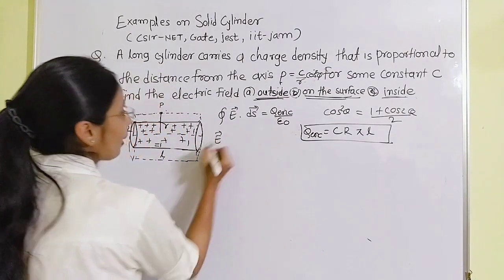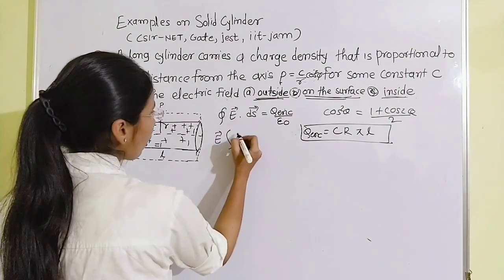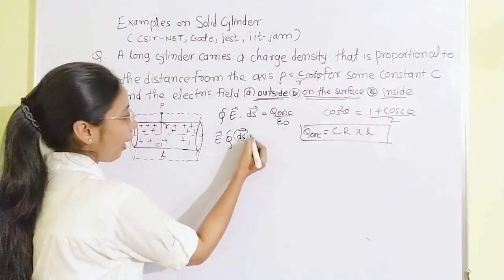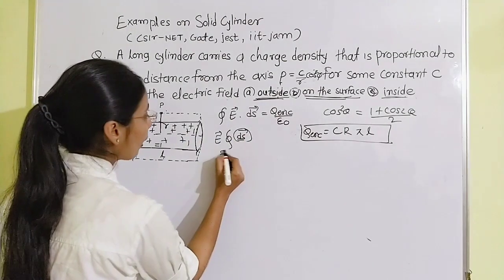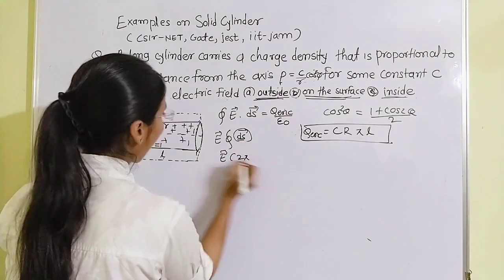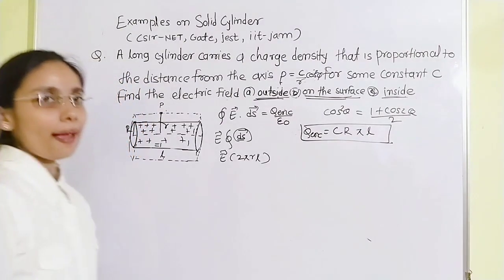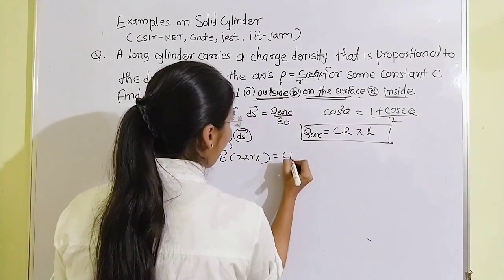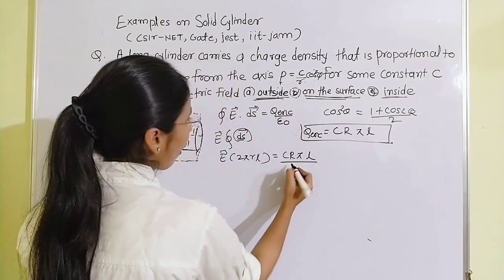Here the electric field is constant, so we take it outside, and the closed integral of ds bar is the area of the Gaussian surface. The area of the Gaussian surface is 2 pi into radius r into L. So E bar into 2 pi rL is equal to the value of Q, which is C R pi L by epsilon naught.